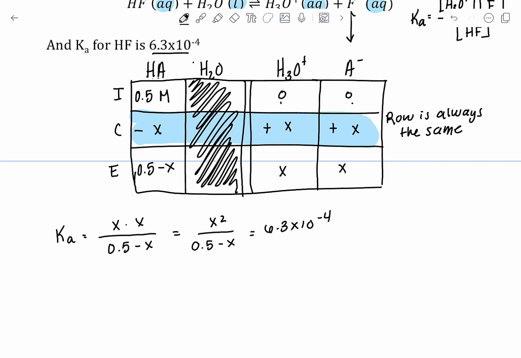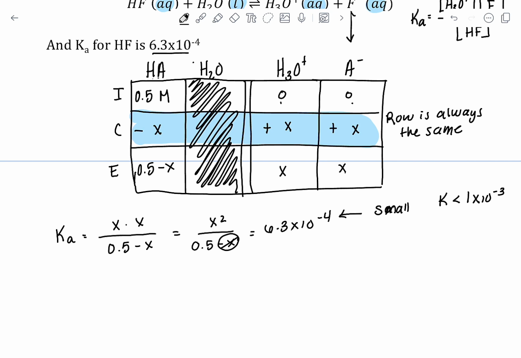We just identified that this is a weak acid in this specific problem. So now we're going to do just like we did with our previous ice tables, where we see this X value as negligible, and we are going to get rid of it because our Ka is small. So remember, if K is less than 1 times 10 to the minus 3, that change in X can be seen as negligible.